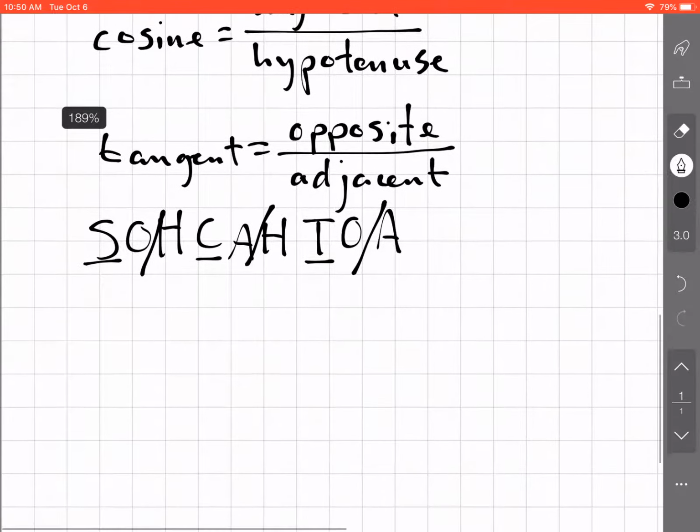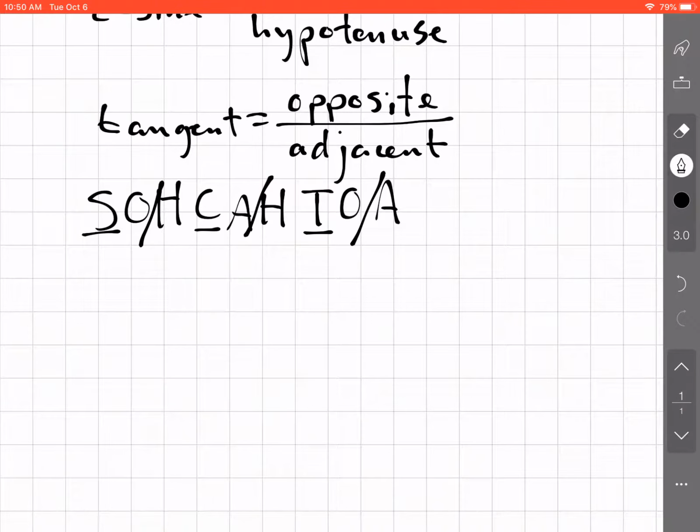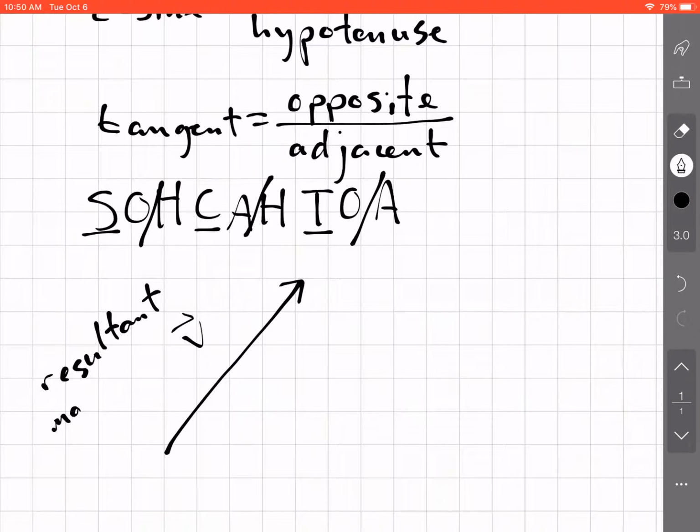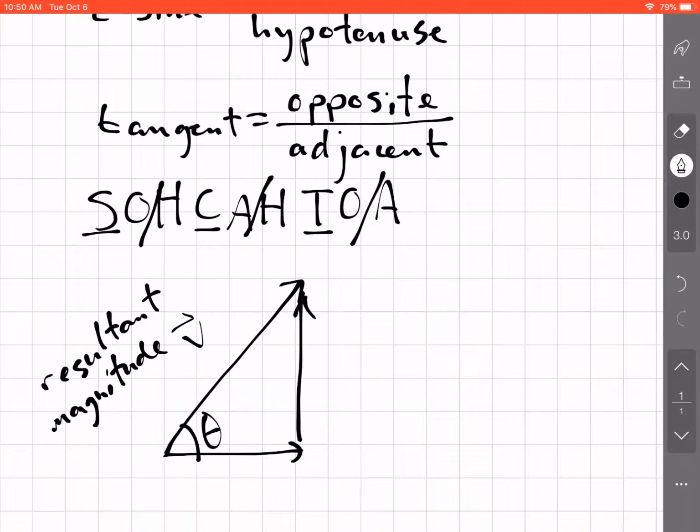Now for formulas: if we have a triangle that we make from a vector at some angle, we have the resultant. The resultant is the hypotenuse, or the magnitude. Resultant and magnitude, same thing. Usually that means the hypotenuse. And then we have our x and our y. If we let this be an angle theta, with Vx and Vy, our equations will look like this.